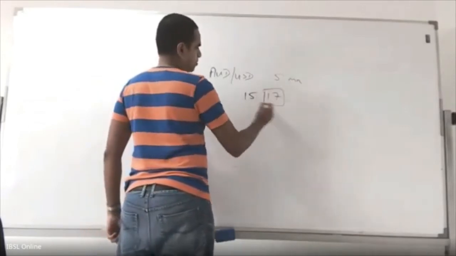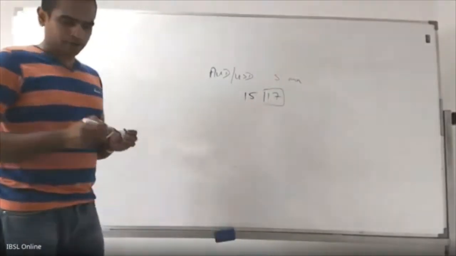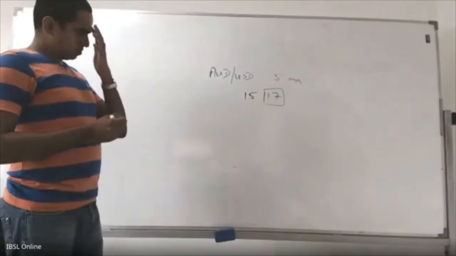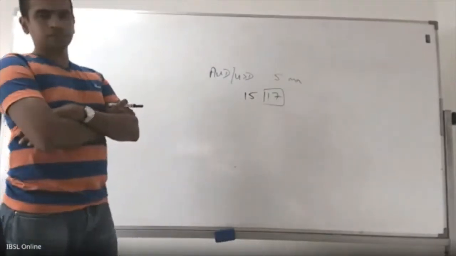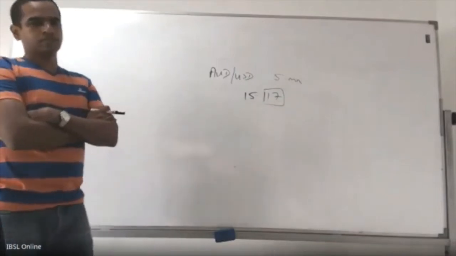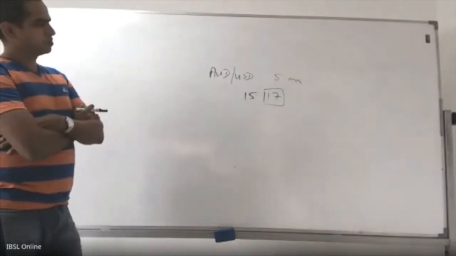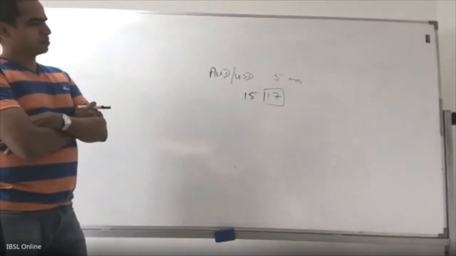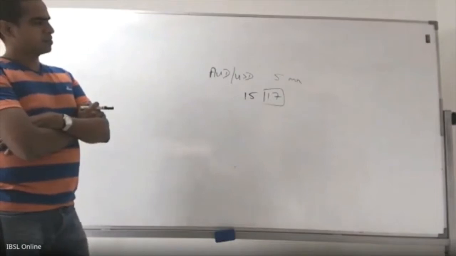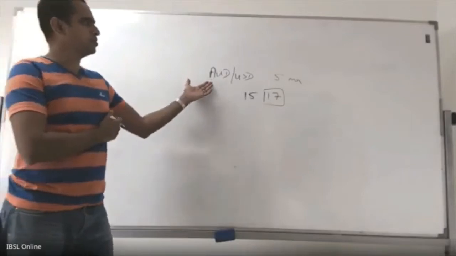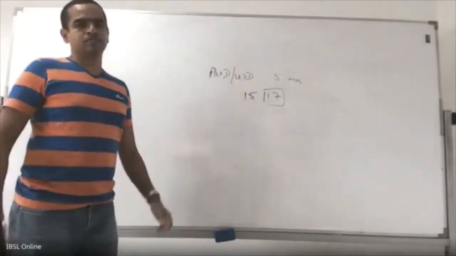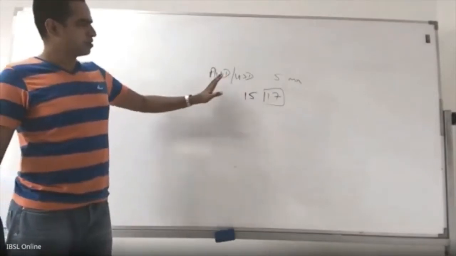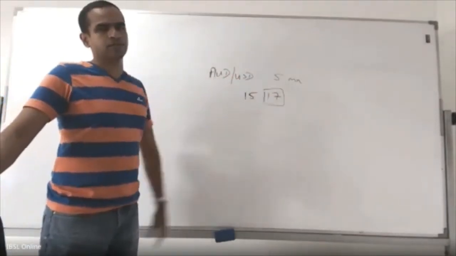You have bought at 17. What have you bought? Mangoes. What are the mangoes in this case? Australian dollars. Those are the mangoes. How many mangoes? 5 million mangoes. Australian dollars 5 million. He has bought.